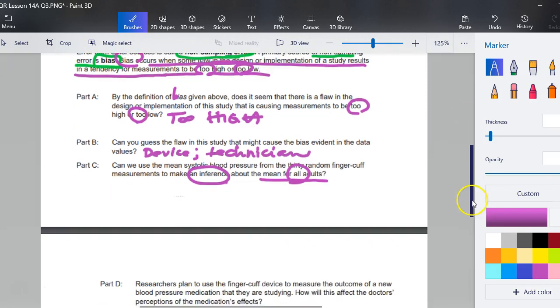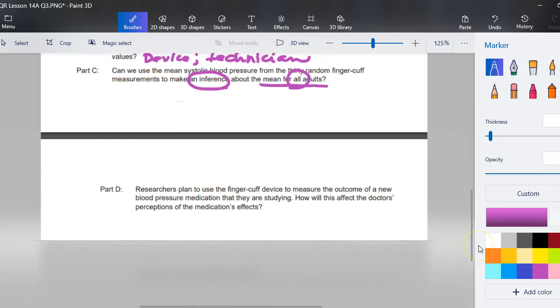Part D, researchers plan to use the finger cuff device to measure the outcome of a new blood pressure medication. They're going to use this flawed device to give information on a new medication that they're studying. How will this affect the doctor's perceptions of the medication's effects? Write down some information.